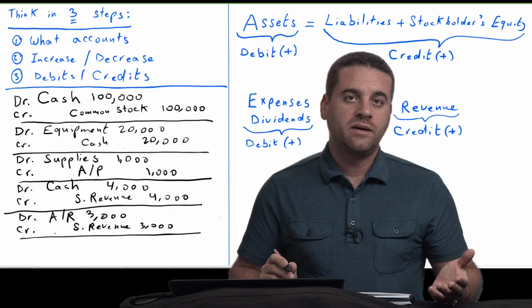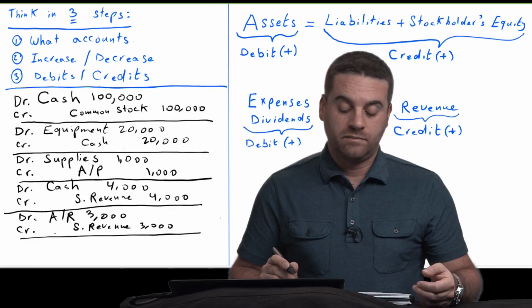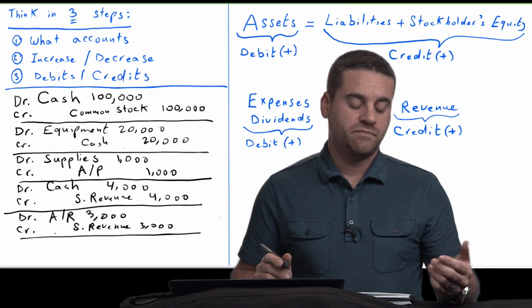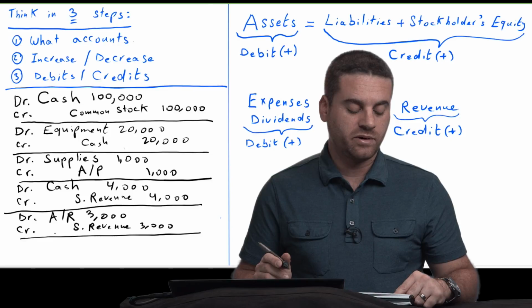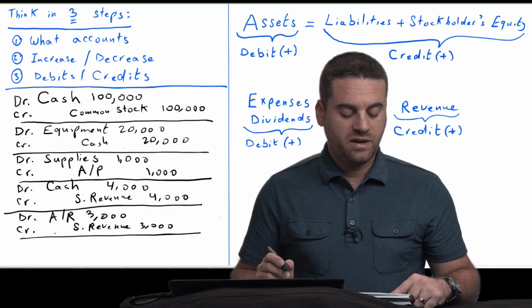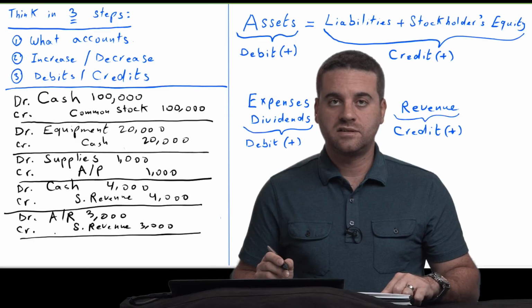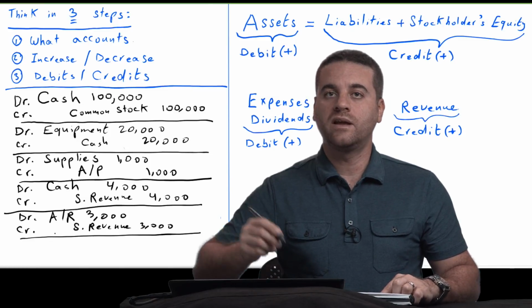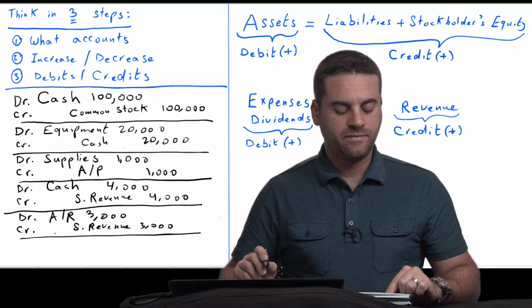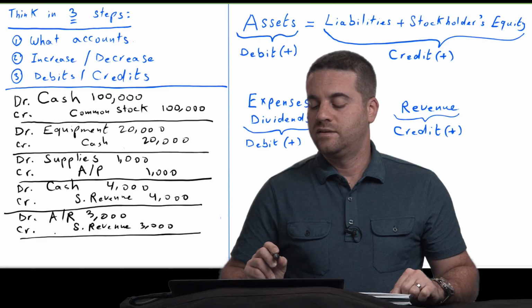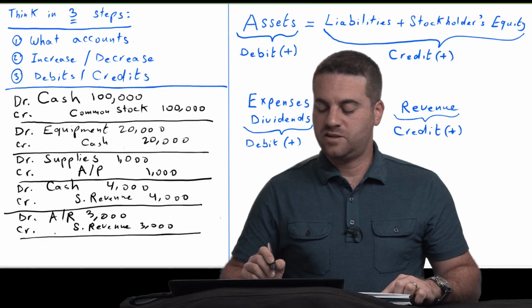It costs them money, but that's for helping the business to operate, maybe to sell more, maybe to get more awareness in the market about the products. So we paid $500 for advertising. Advertising is an expense, so our advertising expense account will increase by $500, and then our cash will decrease by $500.